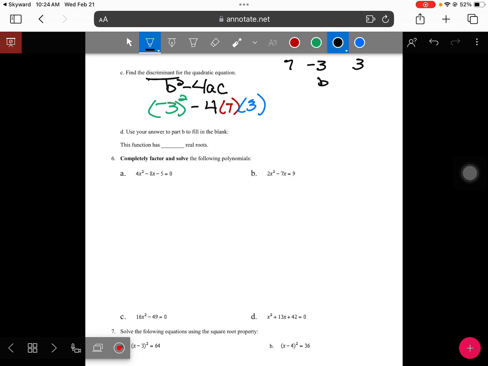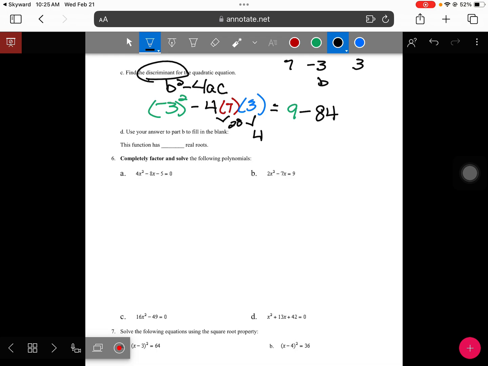This is just the discriminant, okay? -3 squared is how much? Not -9. +9 minus 4 times 7 is 28. And 28 times 3 is 84.